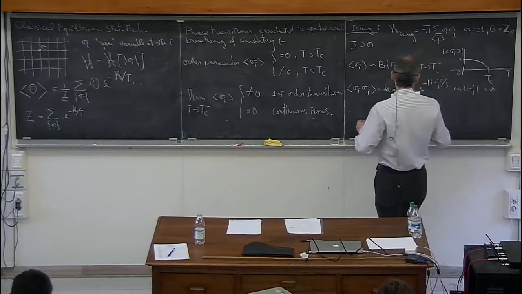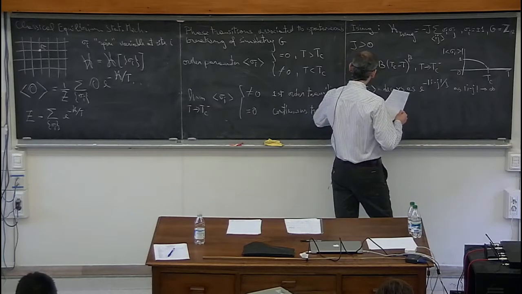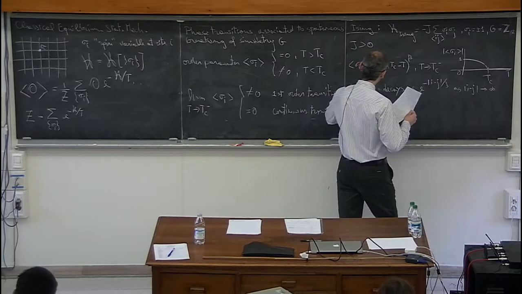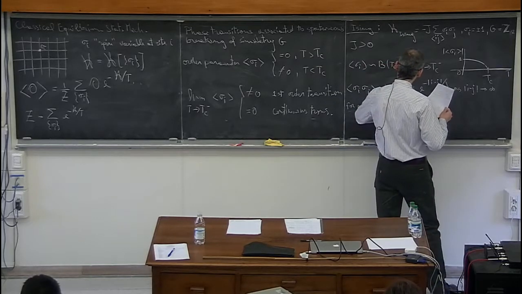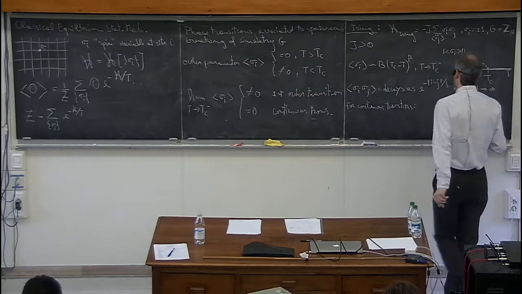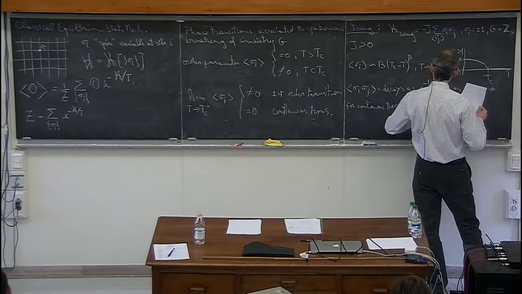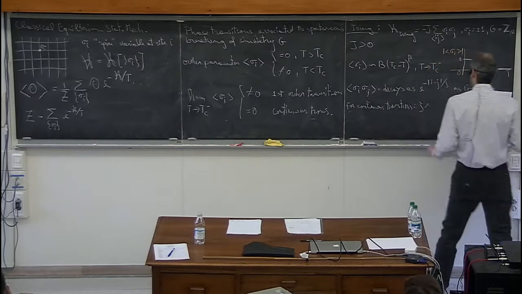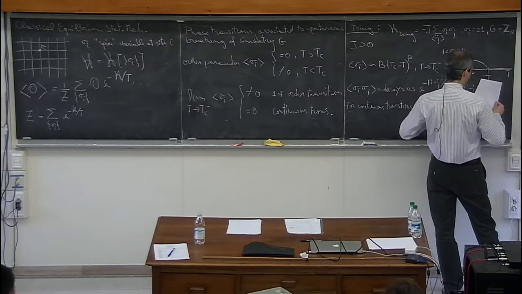Now, an important feature of continuous transitions is that the correlation length diverges at criticality in the following way.